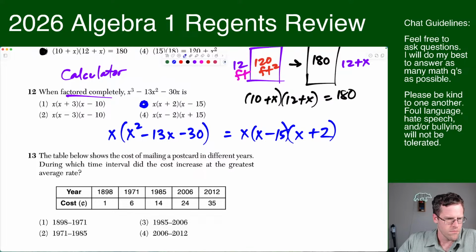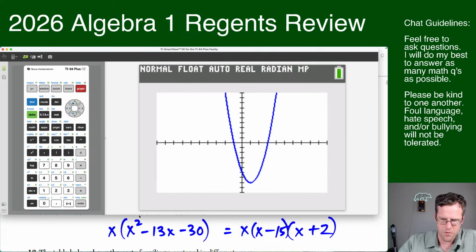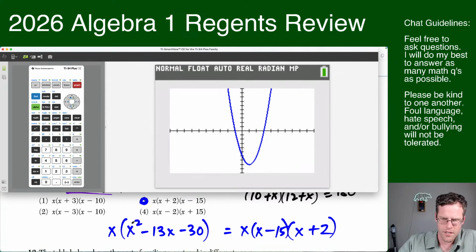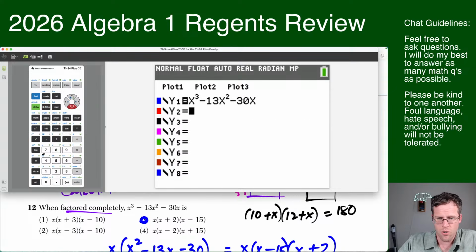Okay. If you're like, whoa, that's too much algebra, then you're going to go like this. So x to the third minus 13x squared minus 30x. And then I type in all the answer choices.